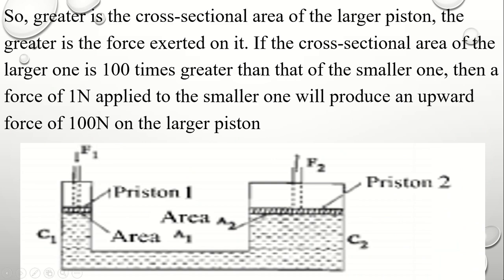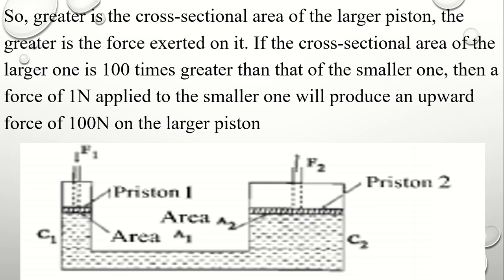So, greater is the cross-sectional area of the larger piston, greater is the force exerted on it. Look, here this is A1 and this is A2, and you can see A2 is very much greater than A1.